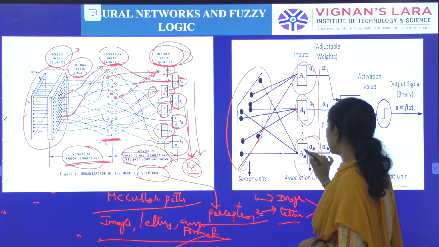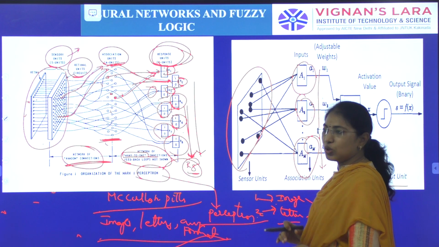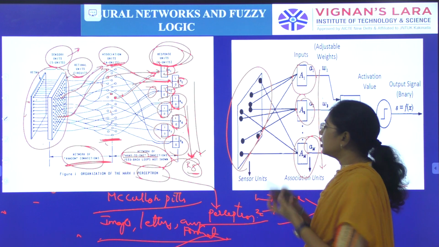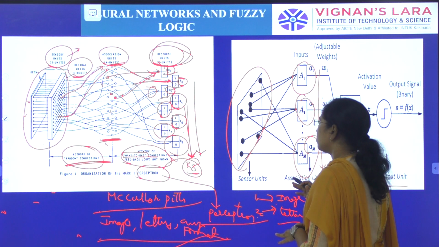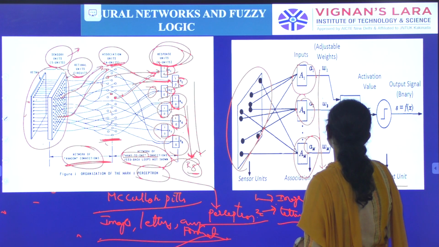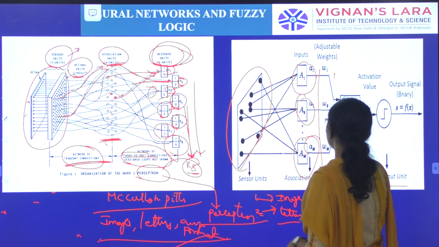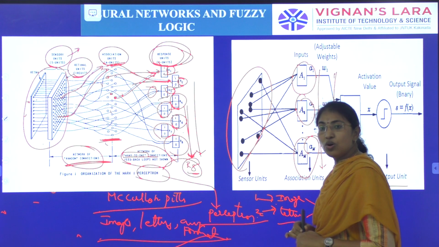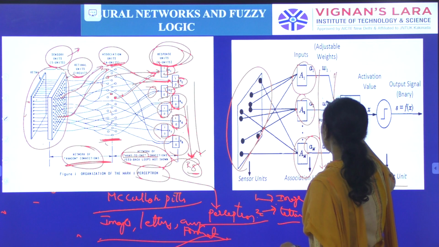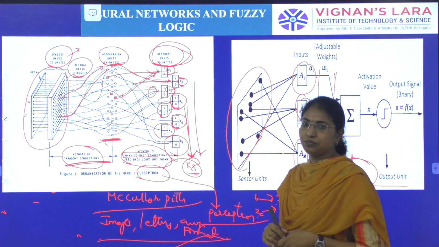After attaining these m inputs from the response units, which are of binary format, all the inputs are now transferred to the summing unit through synaptic weights. Let the weights be W1, W2 and so on up to Wm.